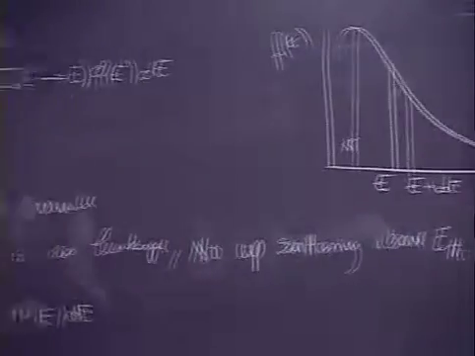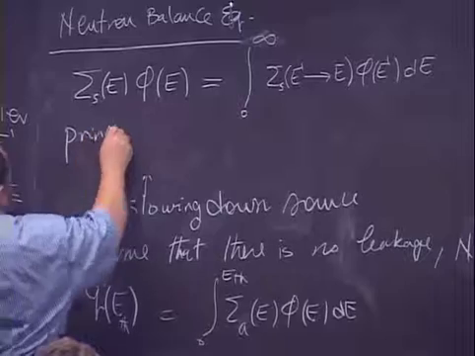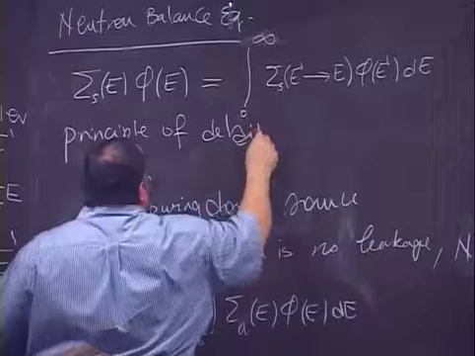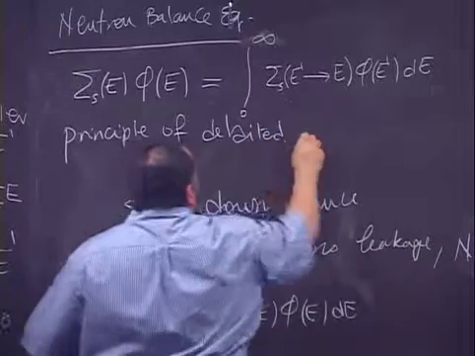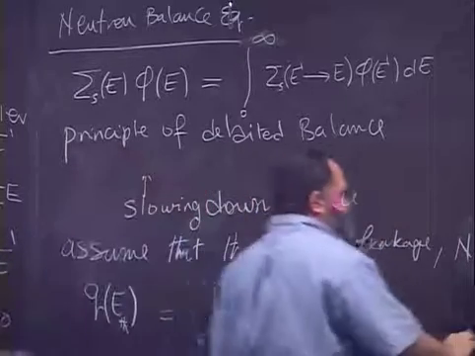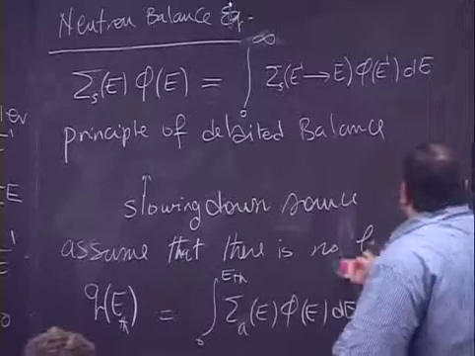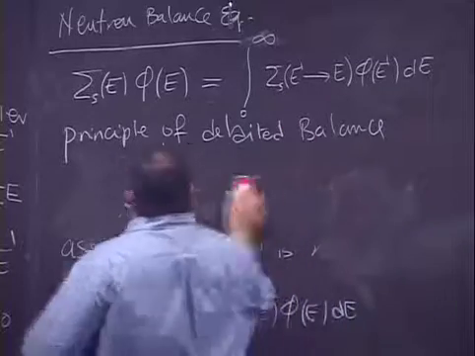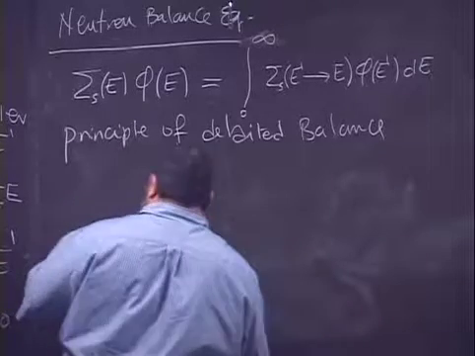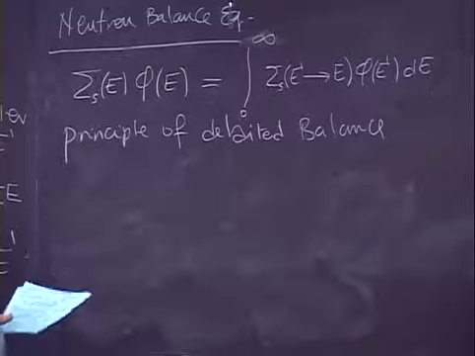So the principle of detailed balance tells us that no matter what the shape of the scattering cross-section is, we will always have the following.